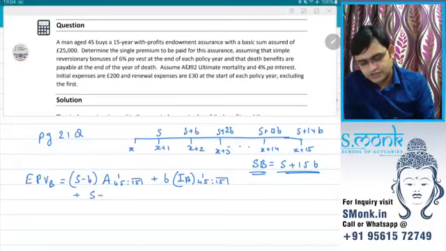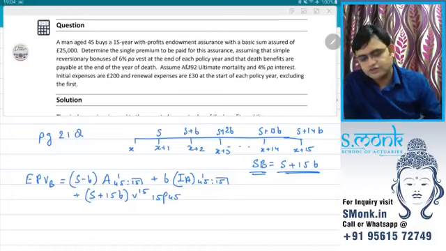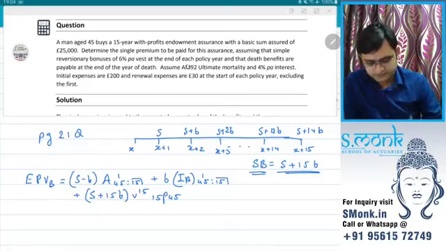So plus (S plus 15B), given when? Given at time 15 if the person survives from age 45. Okay. So we'll calculate these later on.